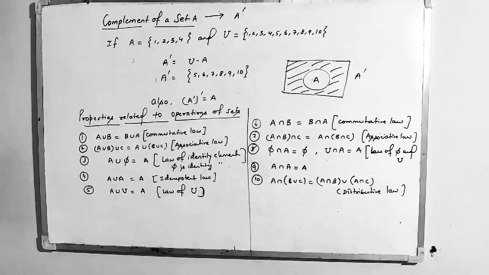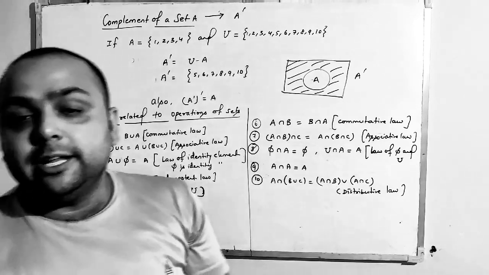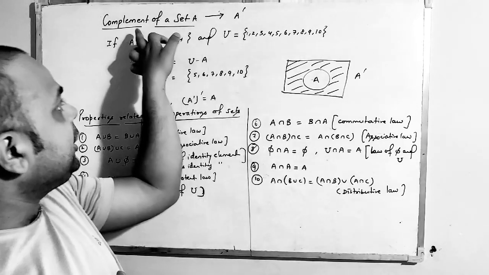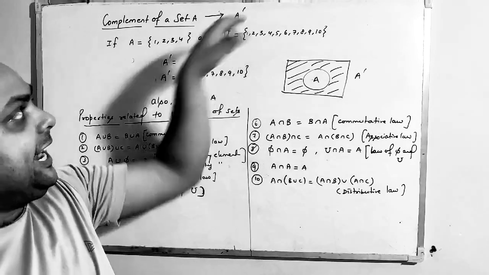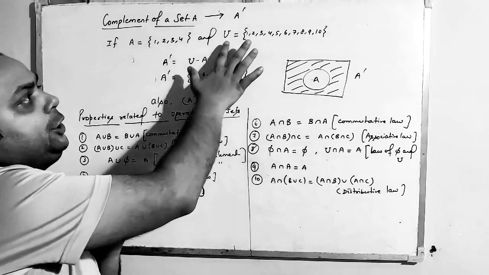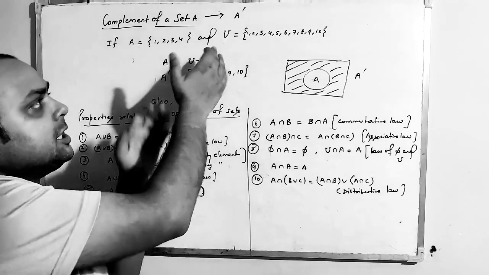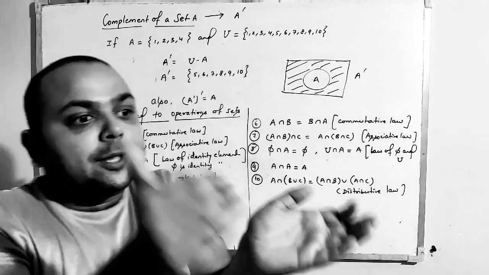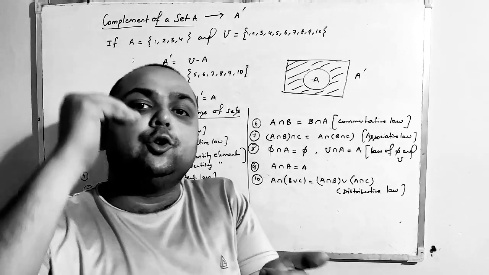Now we'll see the properties related to sets, which are operations of the Venn diagram: complement of a set A. Complement of a set A is represented by A dash. If we have A as 1 2 3 4 and U as 1 to 10, complement of A means removing the elements of A from the universal set.